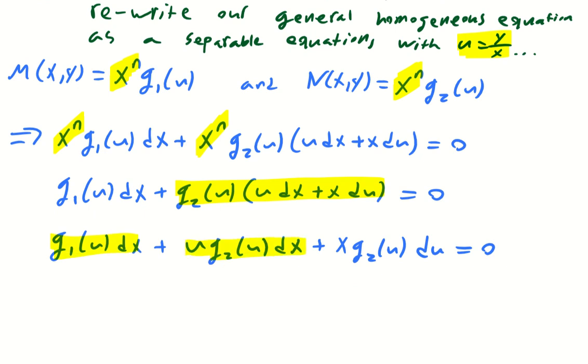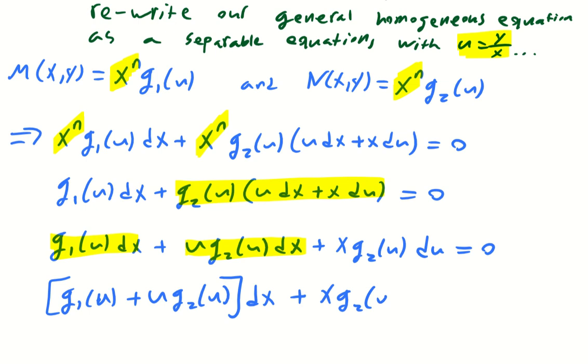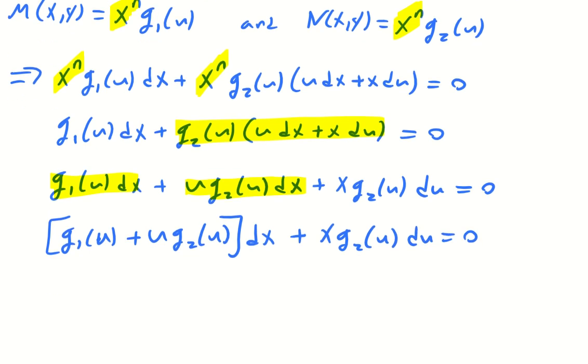So we could group those together to get g sub 1 of u plus u times g sub 2 of u, dx plus x times g sub 2 of u du is equal to 0. And if you look closely, this is definitely separable.